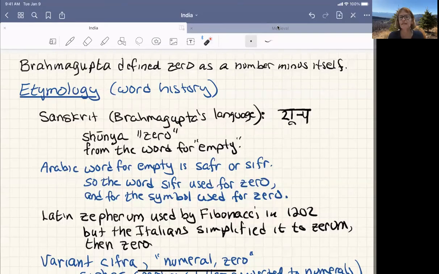So let's look at the etymology of the word 0. Now, in Sanskrit, which was Brahmagupta's language, the word was shunya. And shunya meant 0. And it comes from the word that means empty.